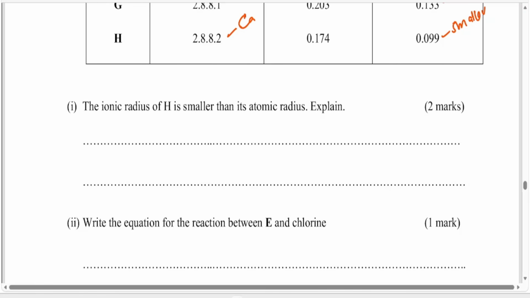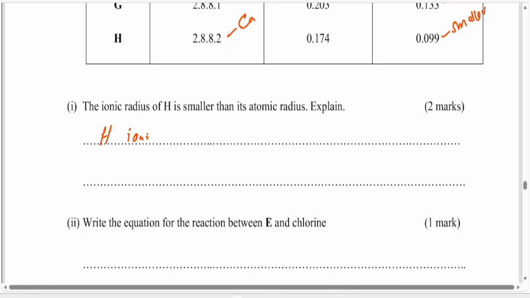And when the charge increases, the remaining electrons are strongly pulled to the central positive nucleus, and that makes the ion smaller than the atom, or the atomic radius larger than the ionic radius. So we say H ionizes by losing 2 electrons.